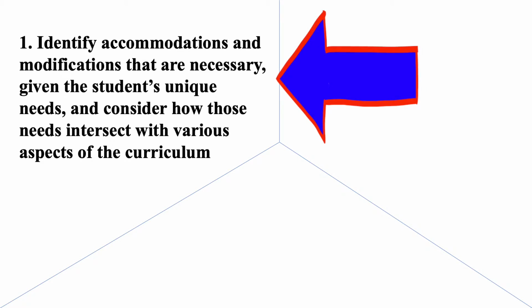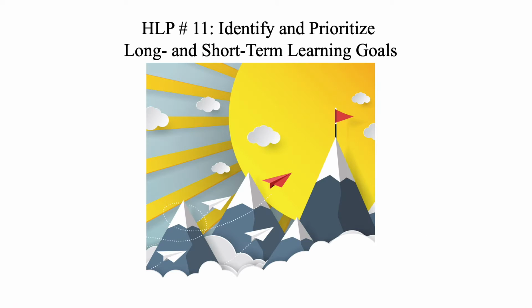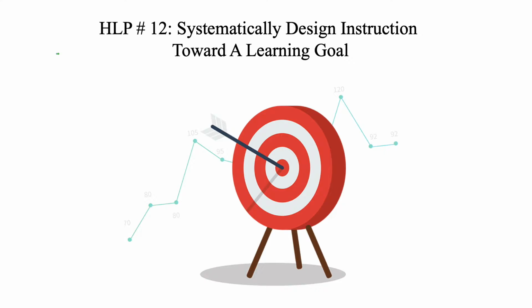The first component of this HLP is to identify accommodations and modifications that are likely to support student success given the goals and objectives listed in the IEP, and areas of the curriculum where the student is likely to struggle. Other HLPs that are relevant here include HLP 11, Setting Short and Long-Term Learning Goals, and HLP 12, Systematically Designing Instruction Toward Learning Goals.